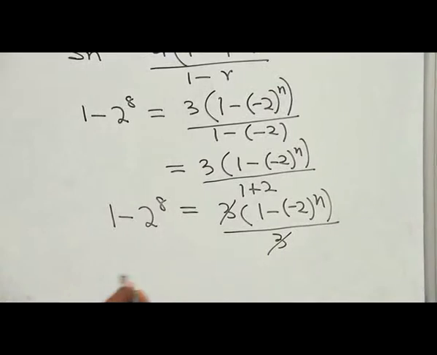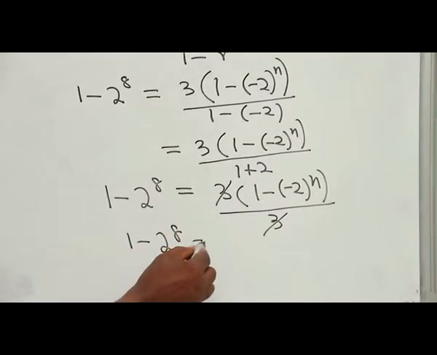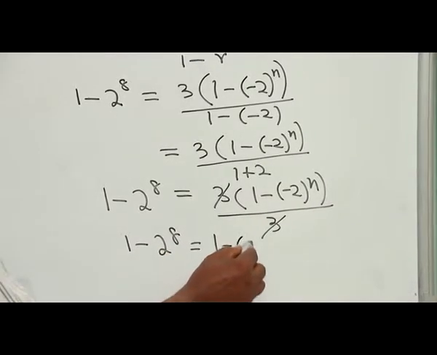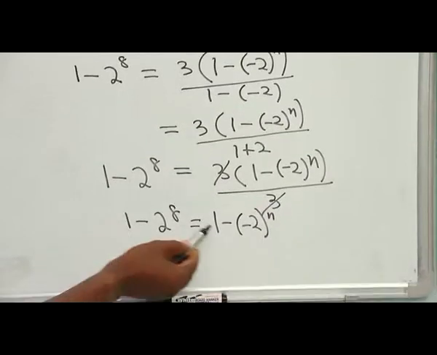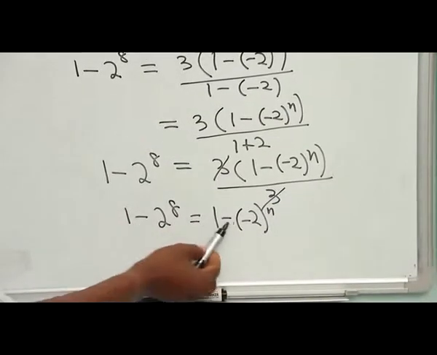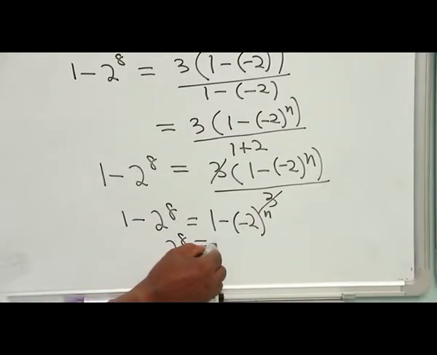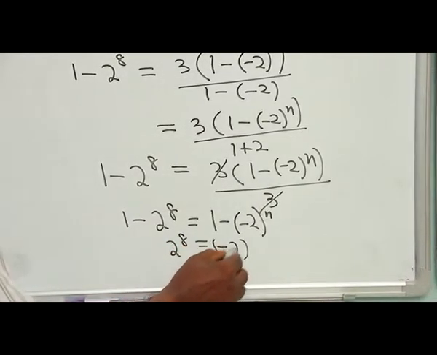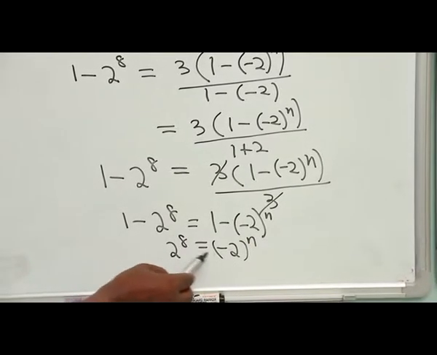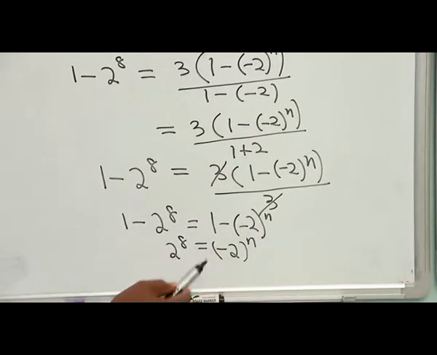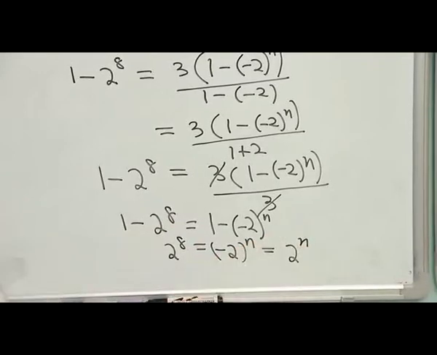If you now compare the value, we have 1 minus 2 raised to power 8 is equal to 1 minus 2 raised to power n. Now 1 is compared to 1, okay. The minus is compared to that, okay. So you are left with 2 raised to power 8 is equal to minus 2 raised to power n. But because the 8 here is positive, then the minus 2 raised to power n, which is also positive, will be equal to 2 raised to power n.